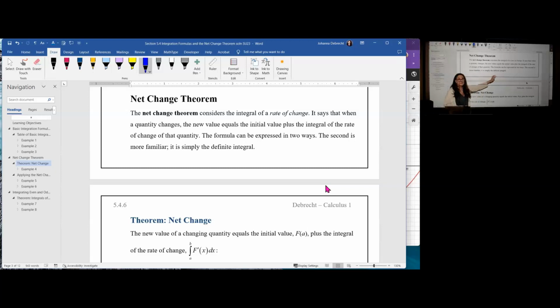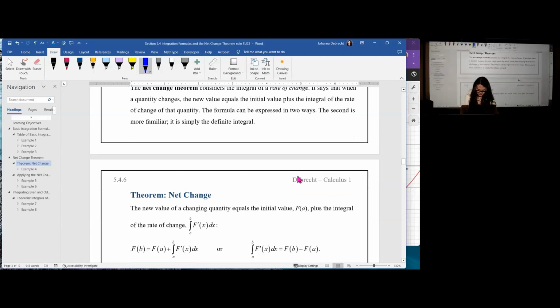So we can express the formula in 2 ways, and pretty much they're both just a restatement of the Fundamental Theorem of Calculus, part 2, the part we like the most.